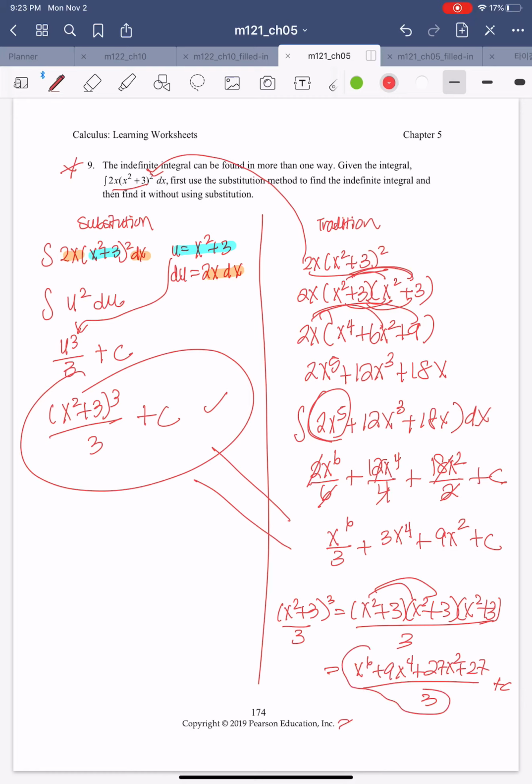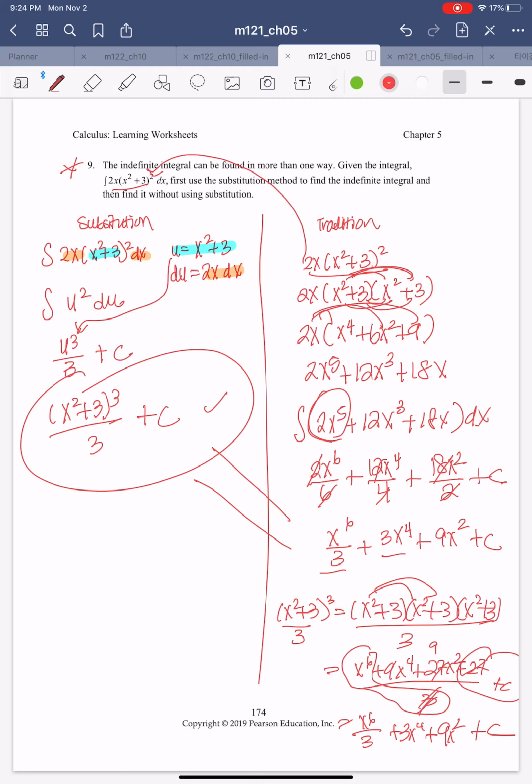Then each one you can separate it, so you have x to the 6 over 3 like here, and then 3 cancels with 9, so plus 3x to the fourth. 3 cancels with 27, 9, so plus 9x squared, and then 27 over 3 plus c, that's just like the whole constant term, so you get the same.